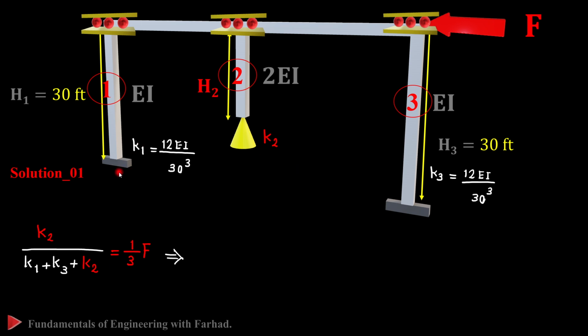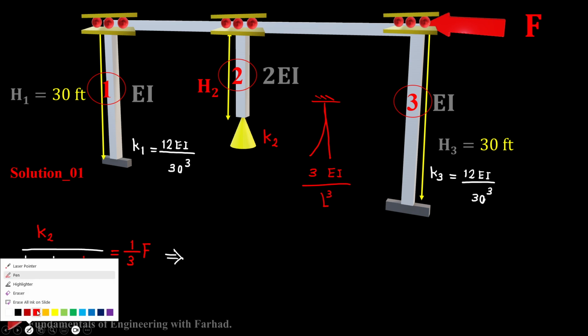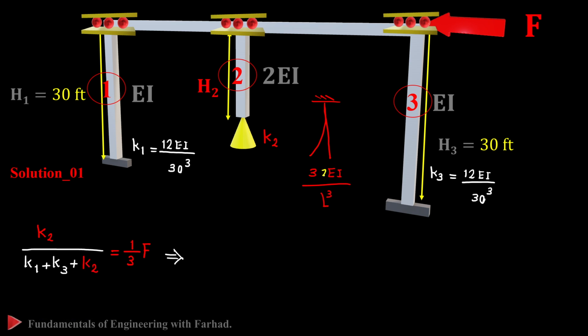For a fixed and sliding column, K1 and K3 are equal to 12EI over H cubed, where H is replaced by 30 feet. For the middle column, you can consider it like a cantilever beam, whose stiffness is 3EI over L cubed. For E, you simply replace it by 2EI, which is provided in our problem statement.